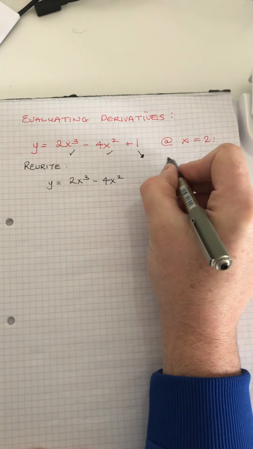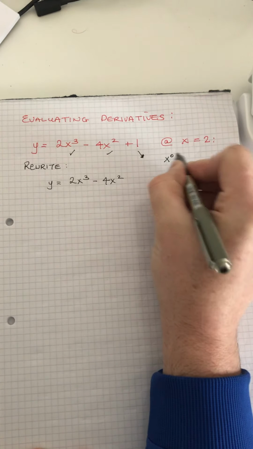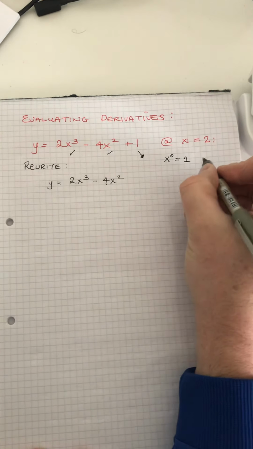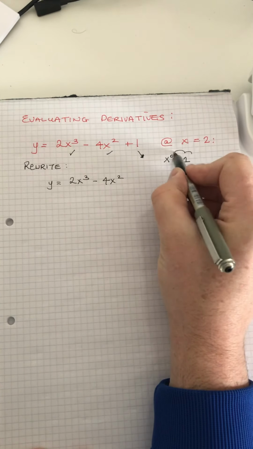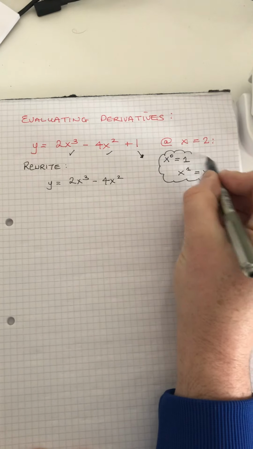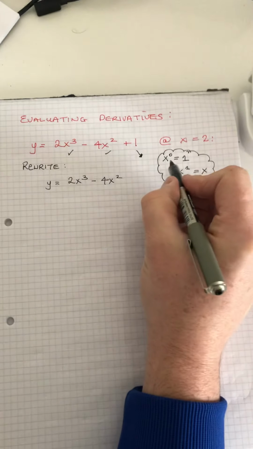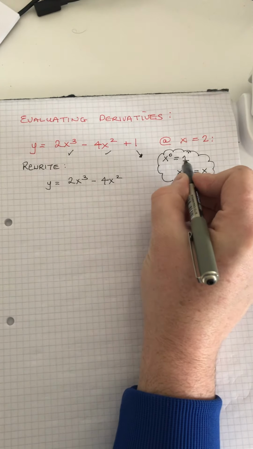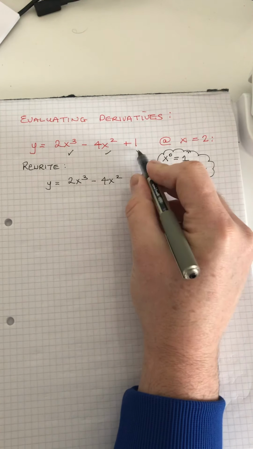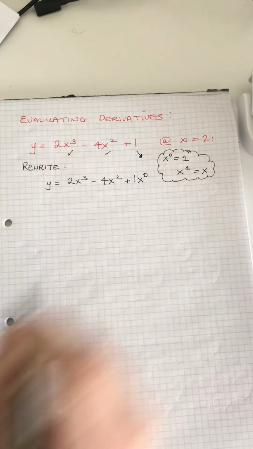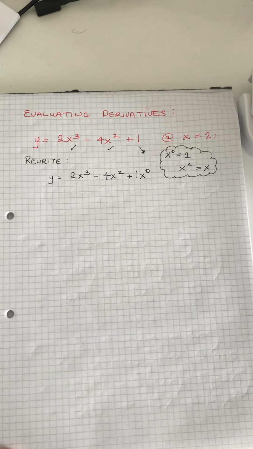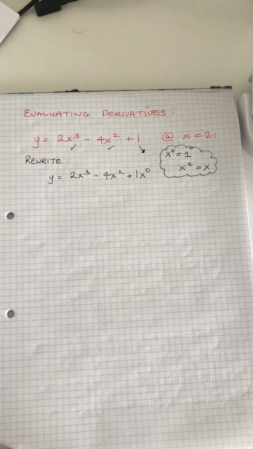Am I going to use x to the power of 0 is 1 or x to the power of 1 is x? It's going to be one of these that I'm going to substitute. If I put in x to the power of 0, that'll still be 1, so 1 times 1. So I'm going to use 1x to the power of 0. And now I have everything in terms of a power.